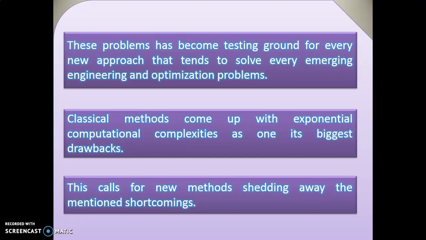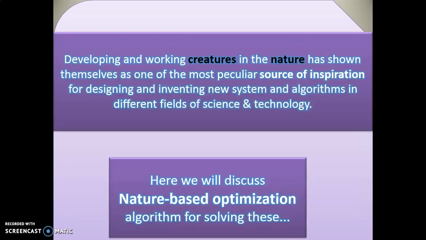So these problems have become a testing ground for every new approach that tends to solve every emerging engineering optimization problem. This calls for a new method shedding away the mentioned shortcomings. Developing and working creatures in nature have shown themselves to be one of the most peculiar sources of inspiration for designing and inventing new systems and algorithms in different fields of science and technology.